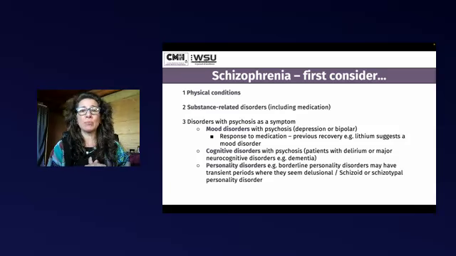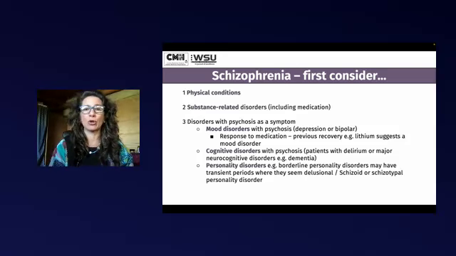It's also possible for some of your cognitive disorders like delirium or dementia to have psychosis on top of that, and that will also not obviously be schizophrenia. And then you do also get, and this is probably where psychiatrists are helpful, some of your personality disorders, especially your schizoid or schizotypal personality disorders, where they might have periods of seeming actually delusional, and that can be confused with schizophrenia as well.